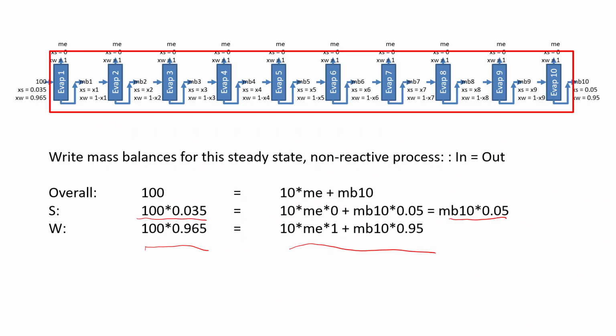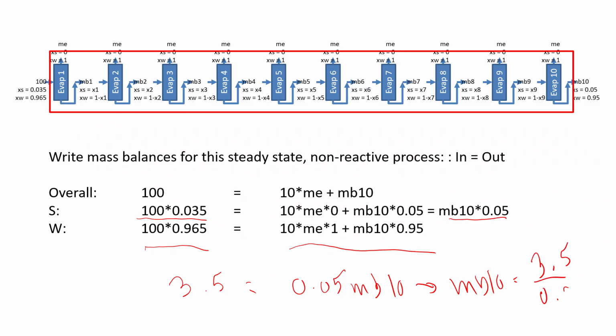that 100 times 0.035, which is 3.5, is going to be equal to 0.05 times MB10. So MB10 is 3.5 over 0.05.